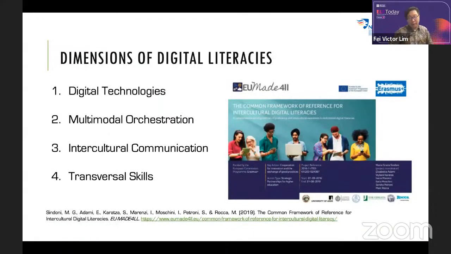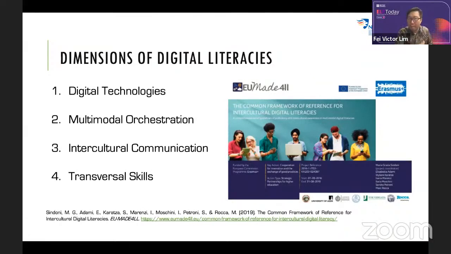In a work done by Maria Grazia Sindoni, they look at the idea of digital literacy and try to unpack it according to a few dimensions. What we may be familiar with is the idea of digital technology, being able to use tools well. But beyond that, there are other dimensions that she highlighted as well. For instance, multimodal orchestration, how we are able to use various semiotic resources well to make meaning.